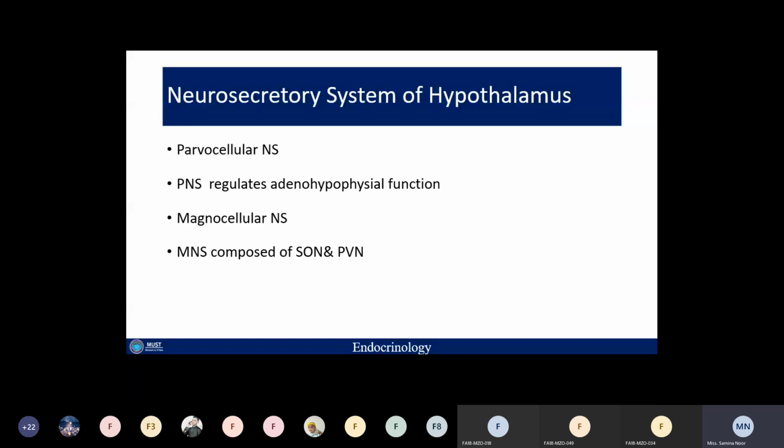So both oxytocin and vasopressin are secreted by the magnocellular neurosecretory cells of the hypothalamus, and then they are stored in the posterior part of the pituitary, the neurohypophysis.